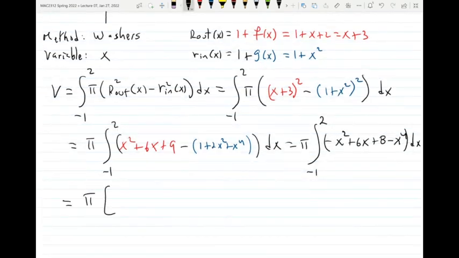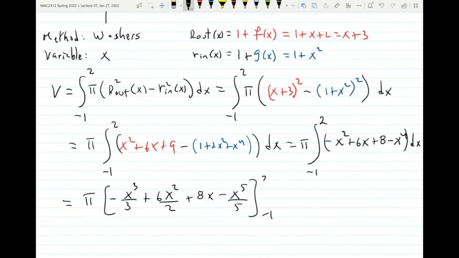So we get pi times, and this would be minus x cubed over 3 plus, okay, that's 6x squared over 2 plus 8x minus x to the 5 over 5 from -1 to 2. And now we have to plug in these numbers.